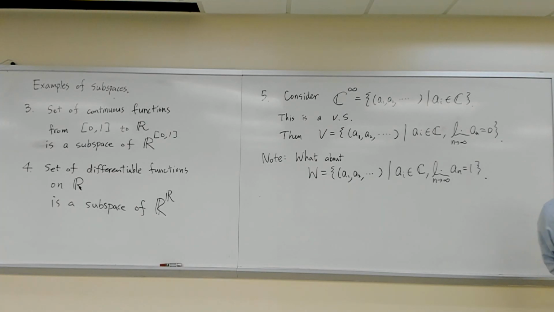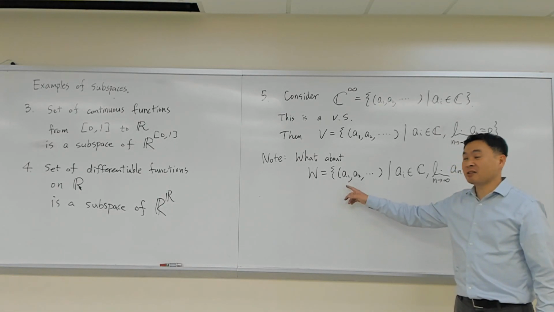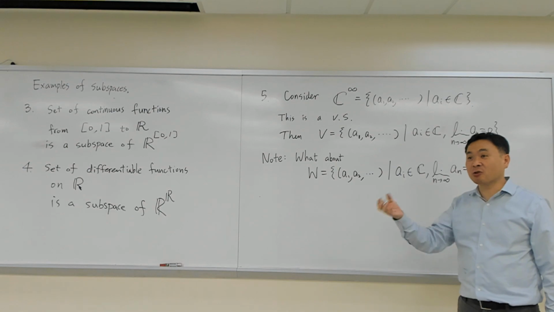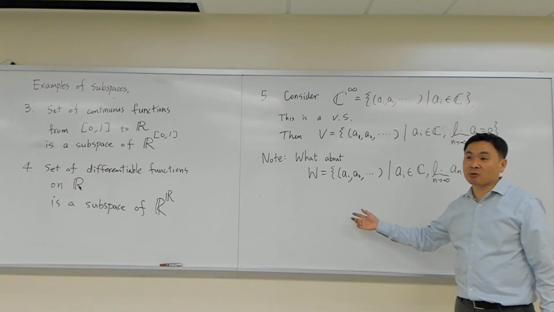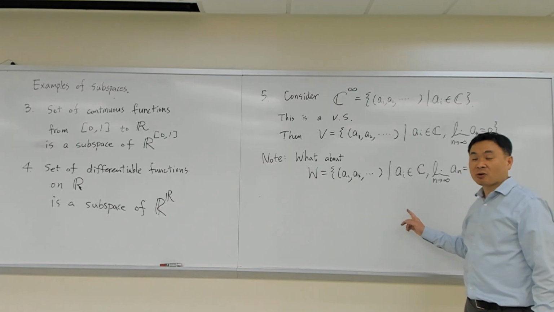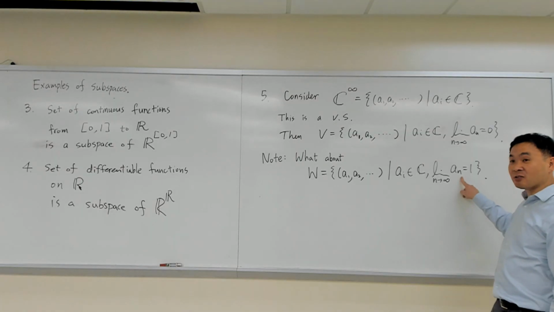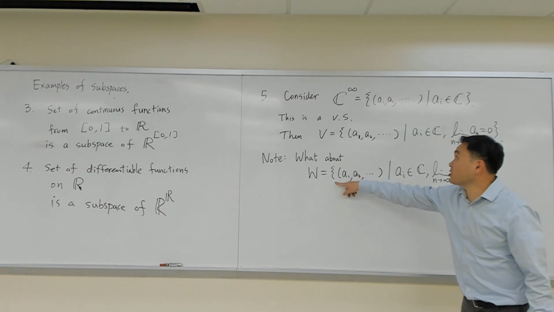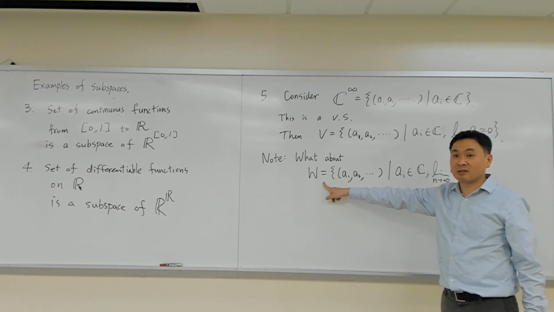What do you think? No. Why not? Because 0 is not in it, right? If this is a subspace, you better have 0, 0, 0, 0 included in here. But think about that sequence, 0, 0, 0, 0, 0. What's the limit? 0. It doesn't satisfy this condition, so it's not in here. So this is only a subset of C infinity, it's not a subspace.